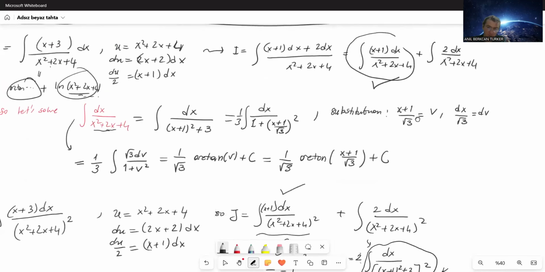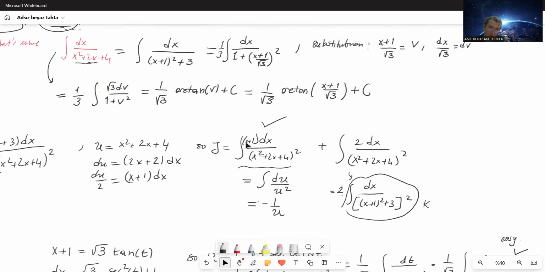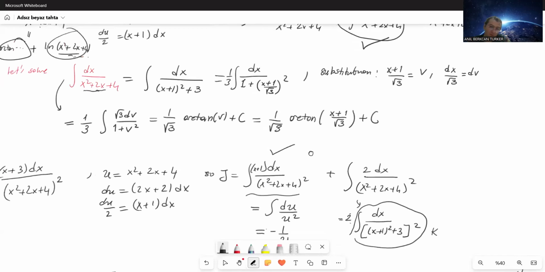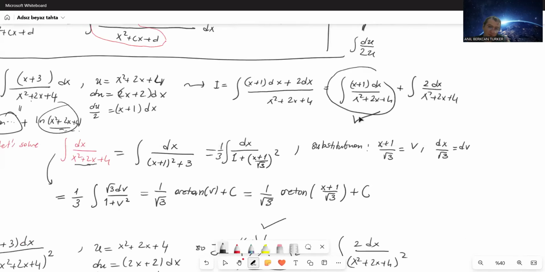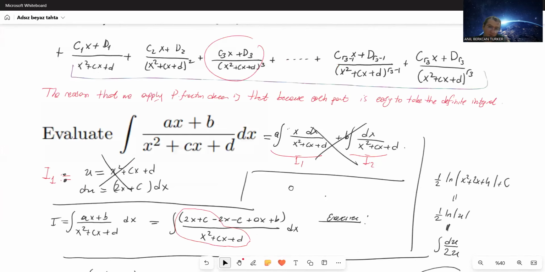Because the first parts are always easy, right? If it is not 2, if it is 3, then you get some minus 2 over u to the power 2, etc. So these parts are always solvable. These parts are also solved by this idea. So let's go back again to the decomposition.